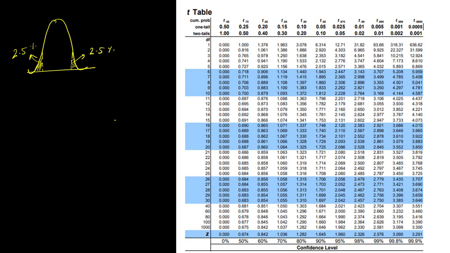So we have to find such a value of t that the area beyond this value is equal to 2.5% of the total area. So we need the upper 2.5% and the lower 2.5% of T14. Now we should look at this row.